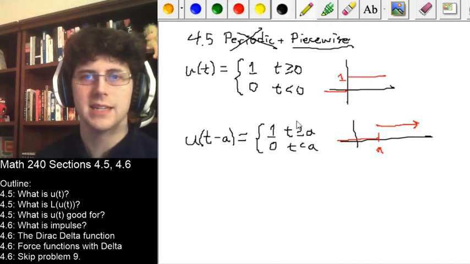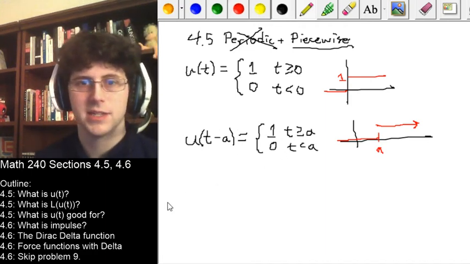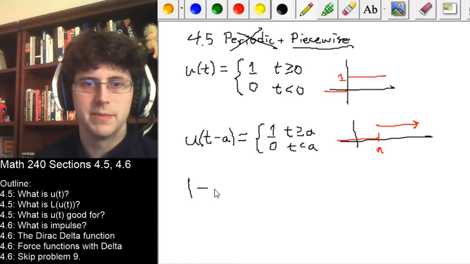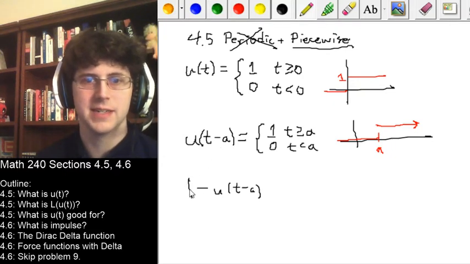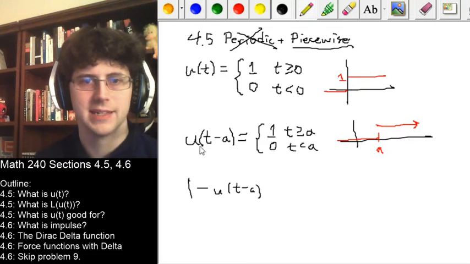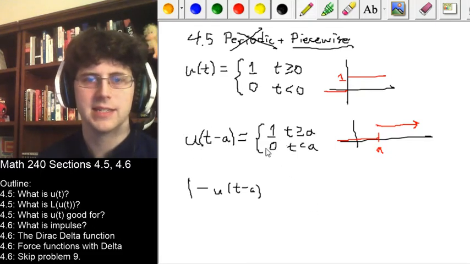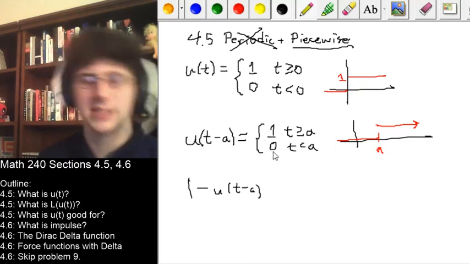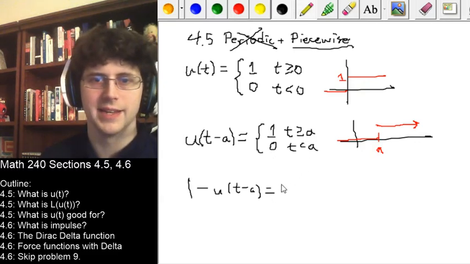If you ever need an off switch instead of an on switch, then you'll do it this way. If you do 1 minus u, we literally do 1 minus the function above. It's not 1 minus u as an object. It's 1 minus this function. All you get is 1 minus 1 is 0, and 1 minus 0 is 1, so it switches when the on and the off happens.